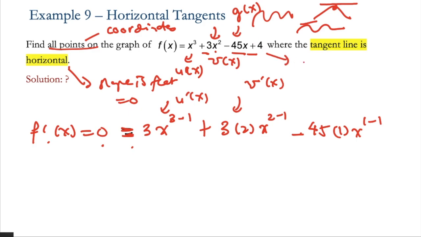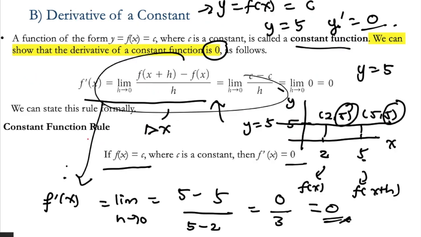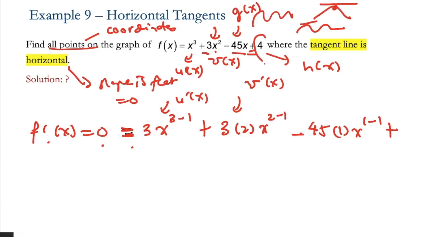Now the last one here is h(x). Plus here, write plus. So h(x), because it's a constant, no x is attached, we use the rule for constant. Derivative of a constant function rule. This function, which is h(x), is a constant function.